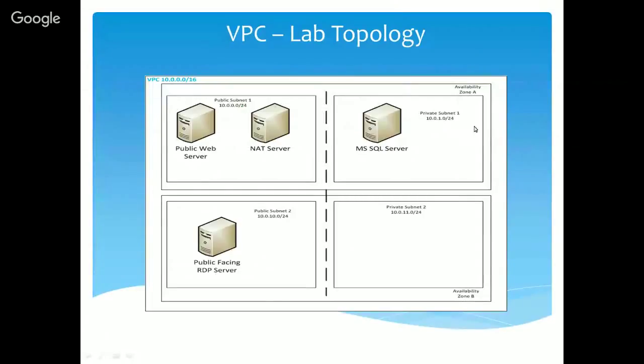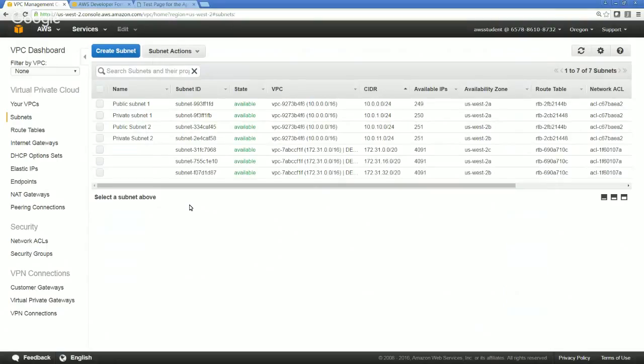So this is the first section that we did. We just created these two more subnets and connected the subnet to our route table, which is access to the internet gateway.